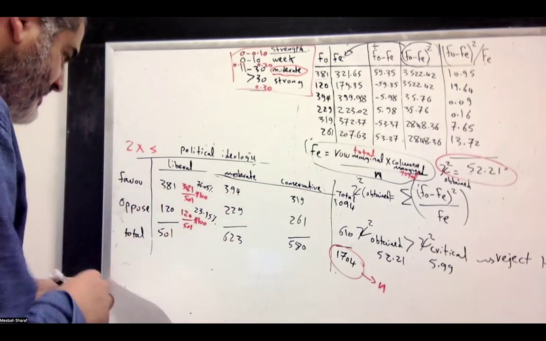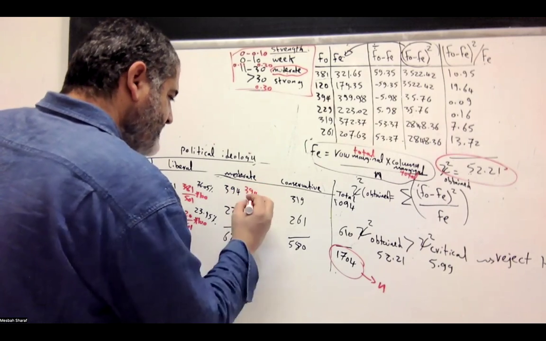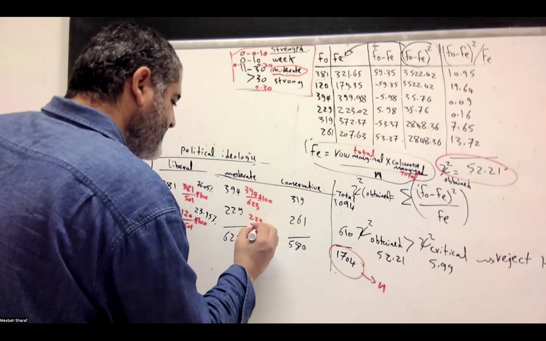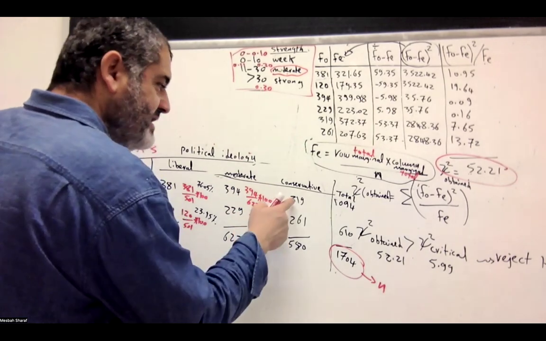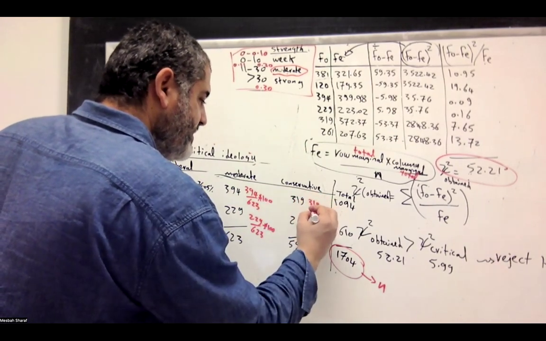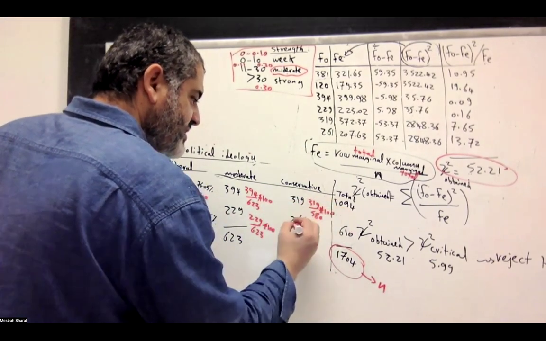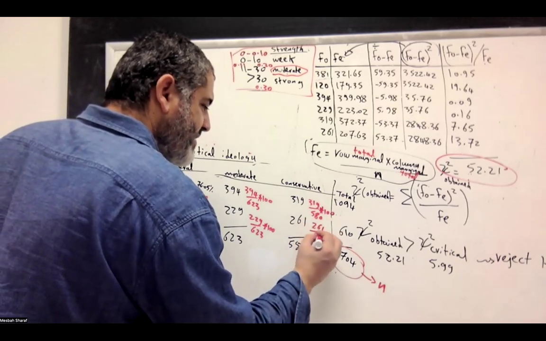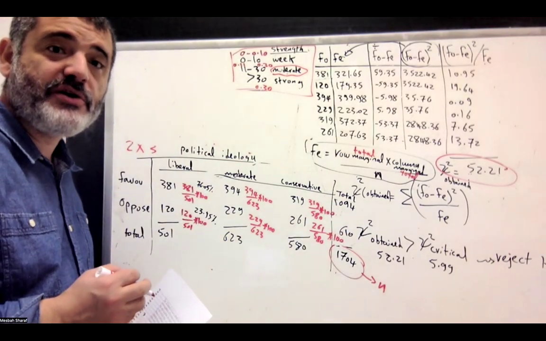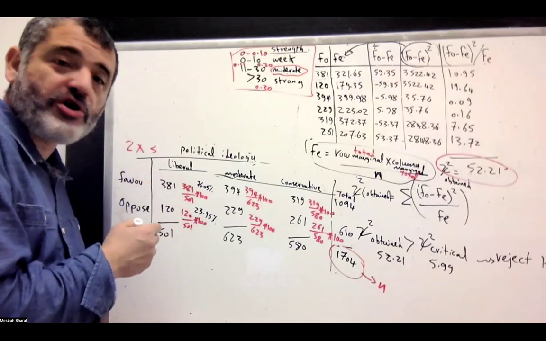The same idea: 319 over 580 times 100, and 261 divided by 580 times 100. So what are you getting here? You are getting the percentage of each cell out of the total of that column.